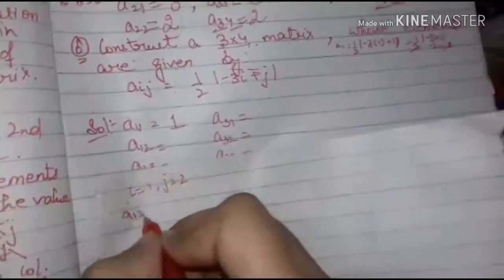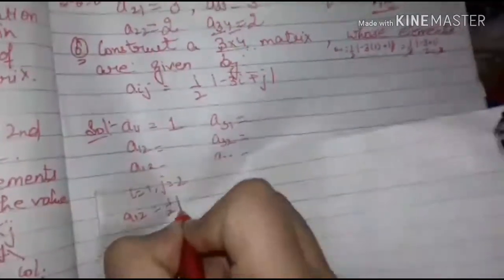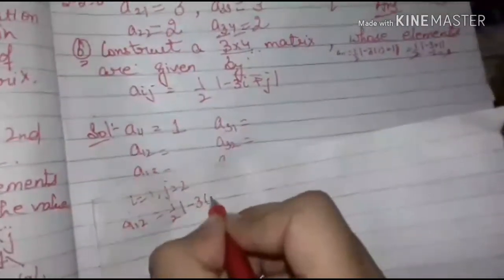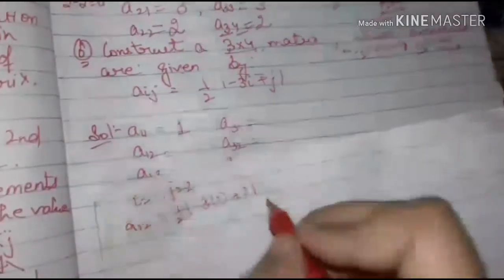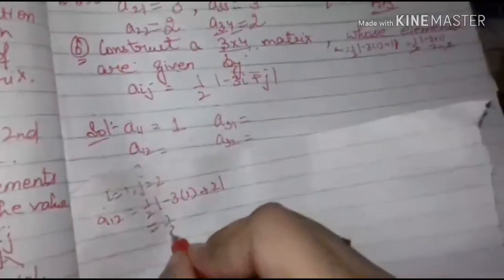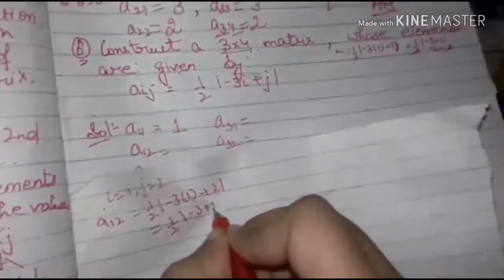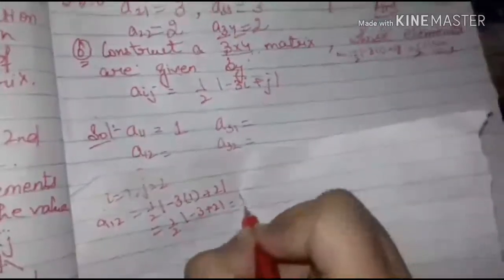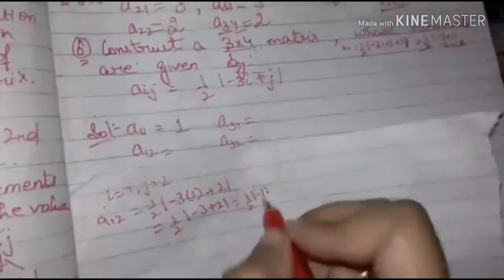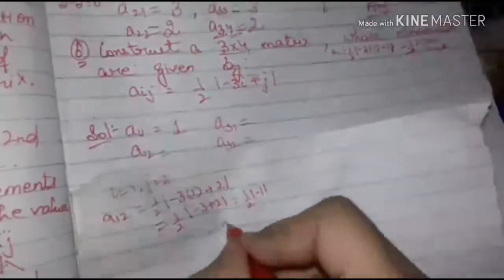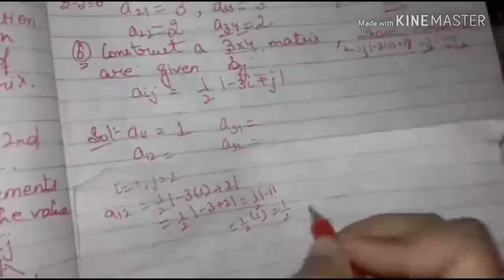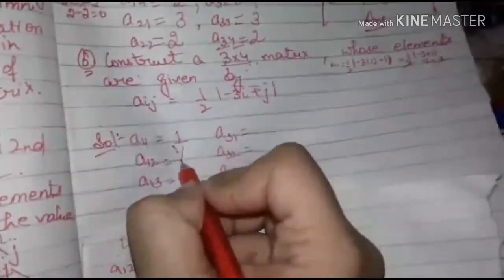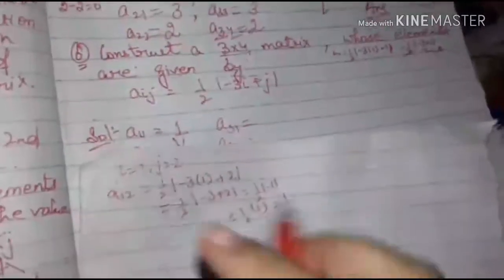So 1 by 2 mod of minus 3 into 1 plus 2, equal to 1 by 2 mod of minus 3 plus 2, 1 by 2 mod of minus 1. When we solve the mod, we always have a positive value. So this will be equal to 1 by 2. So A12 will be 1 by 2.